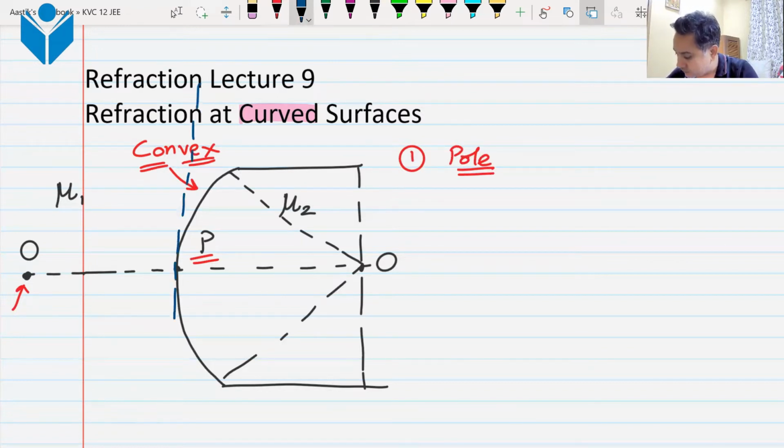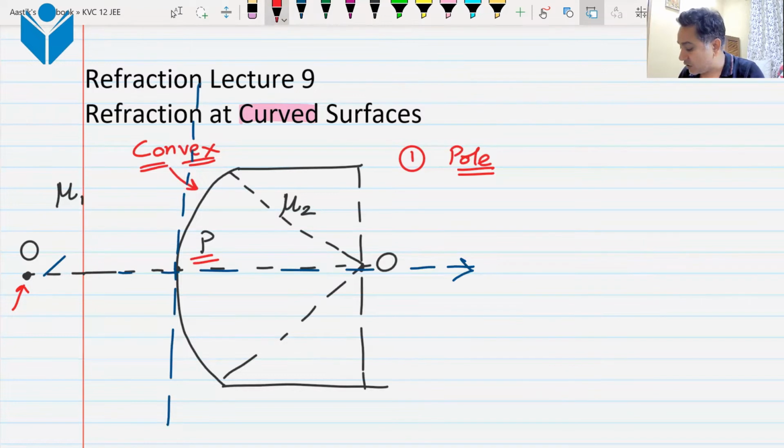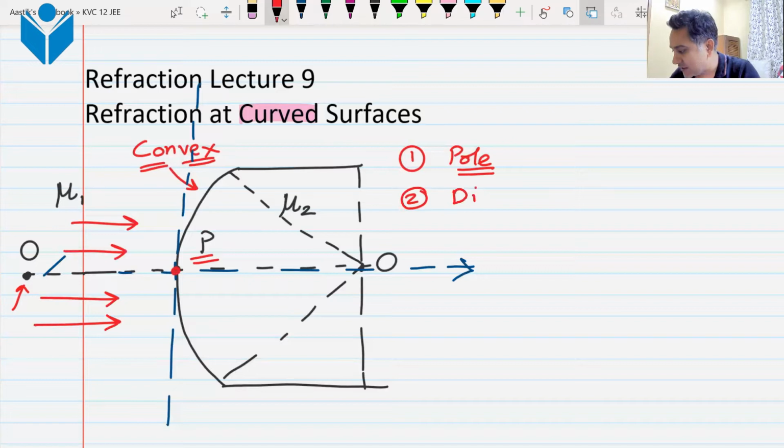Your pole becomes your origin, this becomes your y-axis, and this becomes your normal x-axis. Now this is the direction of the incident light, because the object is placed here. Everything which is in the direction of incident light is taken as positive. Do we understand this?